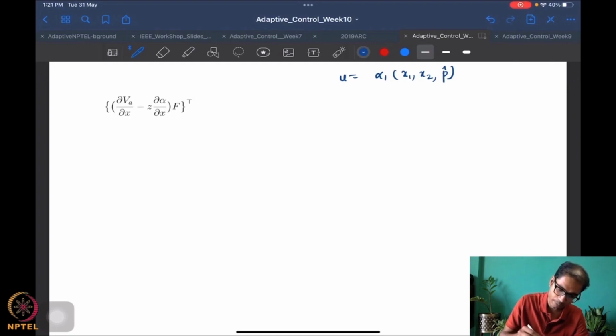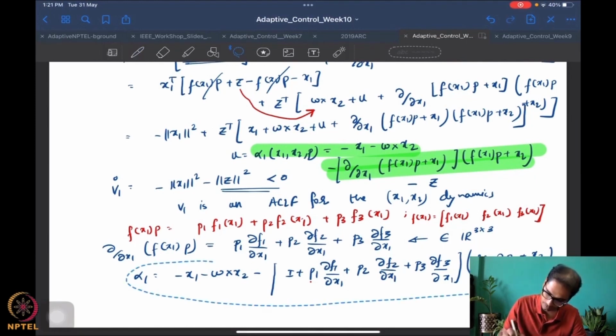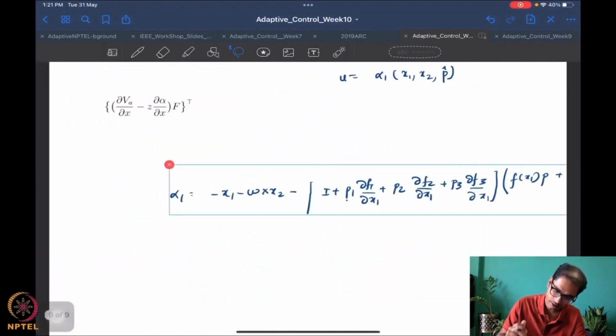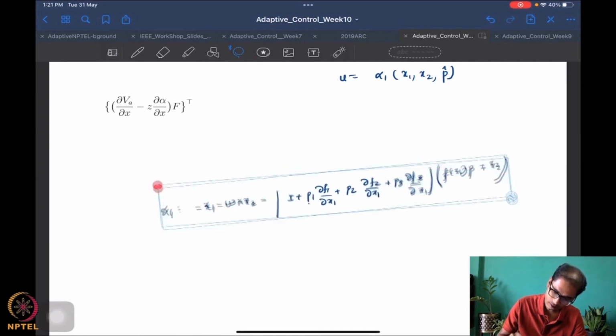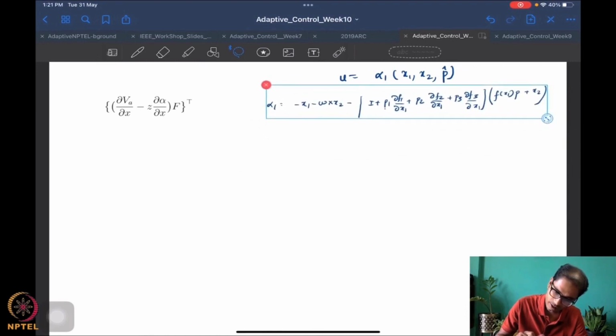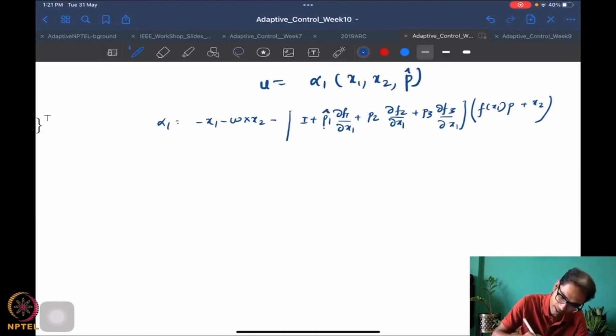If you want, I can even reproduce that expression here. This is going to be this whole mess, and all I'm doing is adding the hats to these quantities.